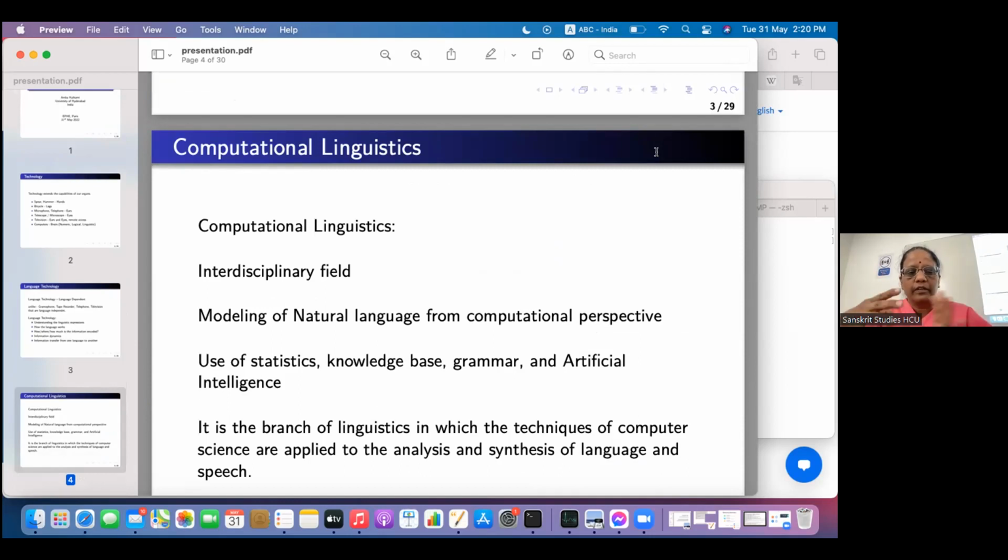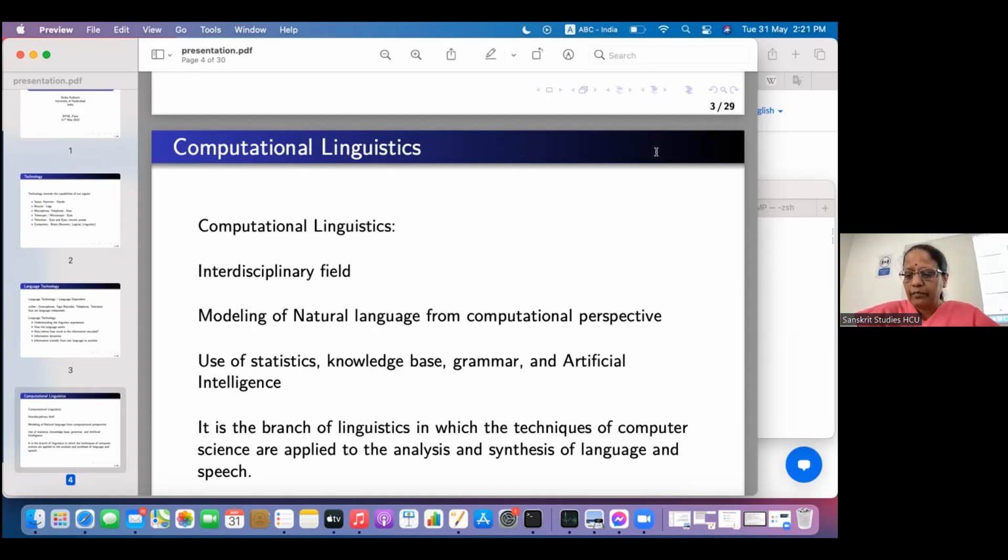Now, modeling of natural language, by that I mean modeling of the glyphs, the glyph grammar, the pronunciation or the speech, the words, sentences, and so on. So on the one hand, the grammar was being used, which gave the linguistic science for the languages.